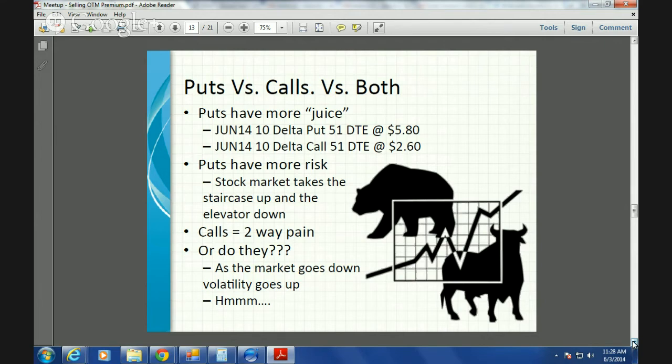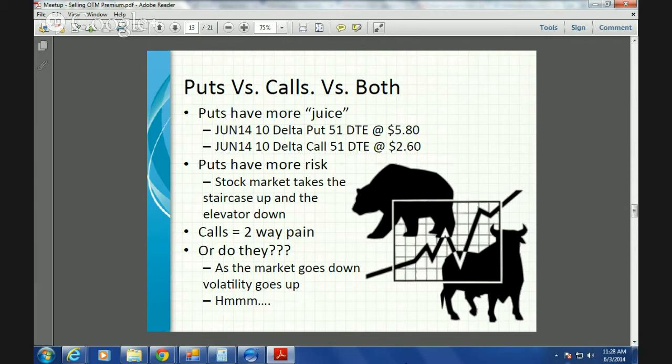Now, I used to trade two ways. I used to trade put spreads, and then I would also trade call spreads. But over the last probably 9 to 12 months, I've stopped trading call spreads nearly as much, because it just got too painful. I was constantly having to tinker with them, make adjustments, and do other things.